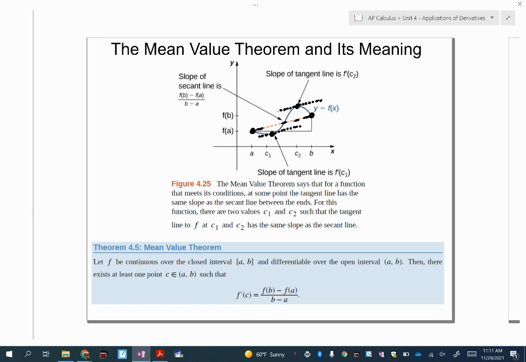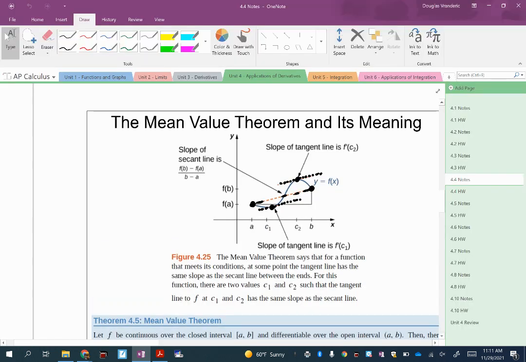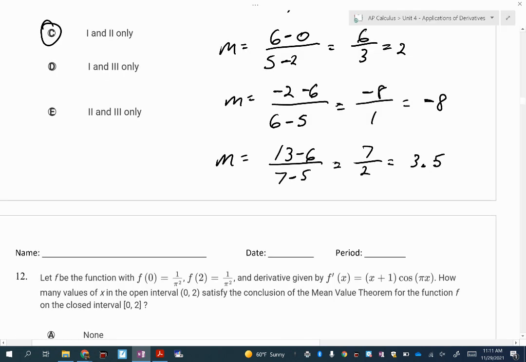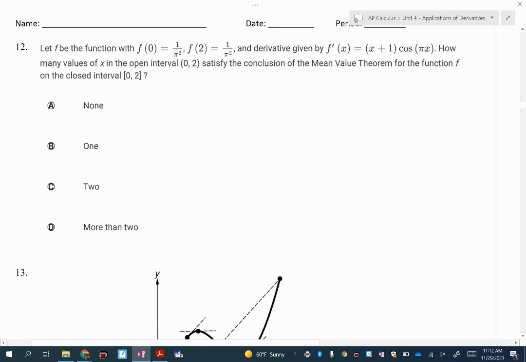So when I look at this one, number 12, if I find the slope of my two endpoints on 0 to 2, that's going to be the y values, 1 over pi squared minus 1 over pi squared, over 2 minus 0, which is 0 over 2, so the slope is 0. So if I can find any value where the derivative would also be 0 at that point, then I know that it must make this mean value theorem true.